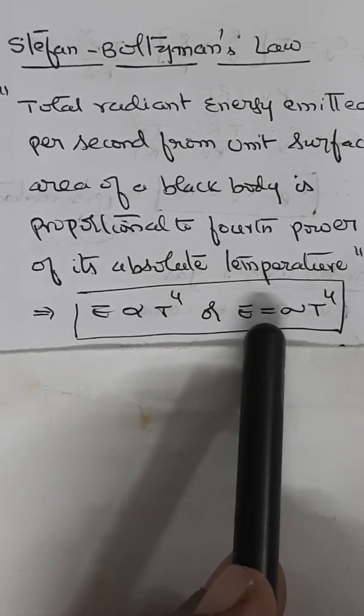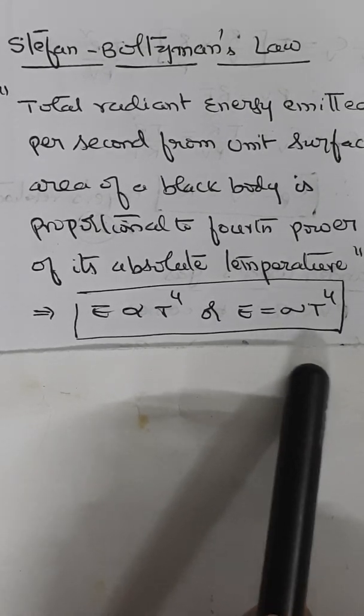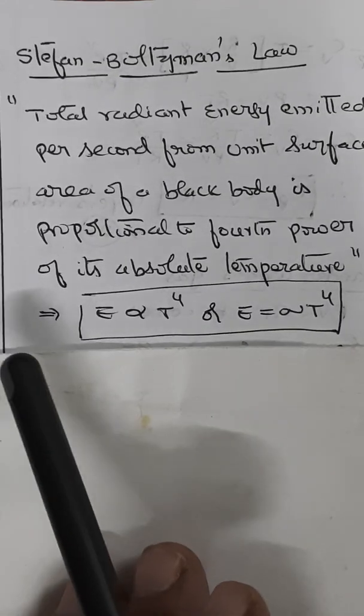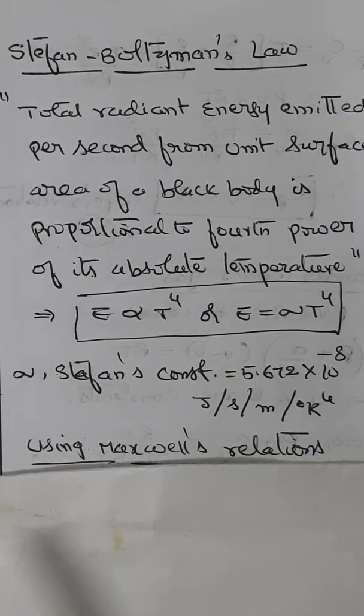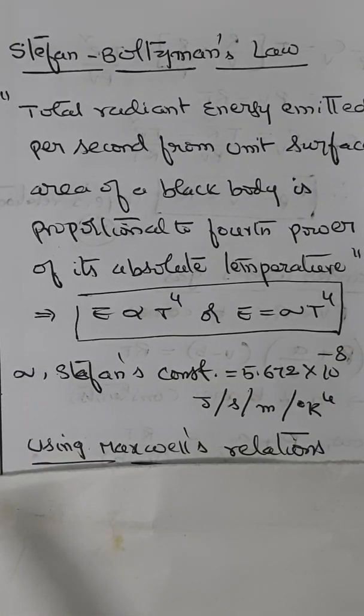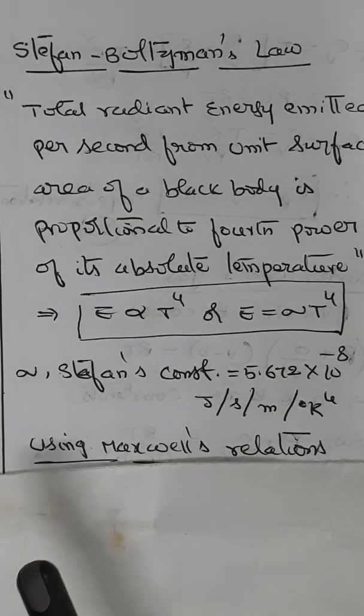The constant is taken as sigma, which is nothing but Stefan constant. Of course, in MKS, its value is 5.670 into 10 power minus 8 joule per second per meter square per Kelvin power 4.